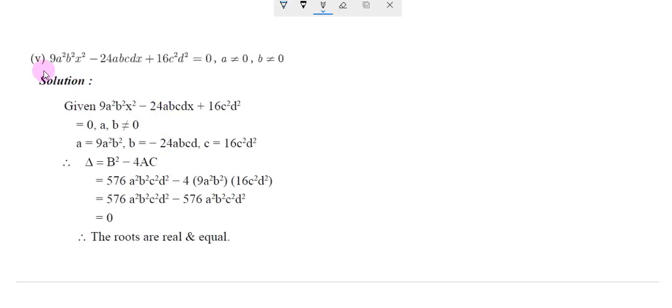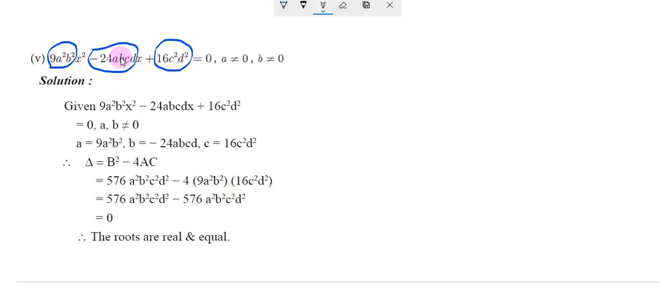Now subdivision 5. 9a square b square x square minus 24 abcd x plus 16 c square d square. So 9a square b square is the coefficient of x square, minus 24 abcd is the coefficient of x, and 16 c square d square is the constant term.